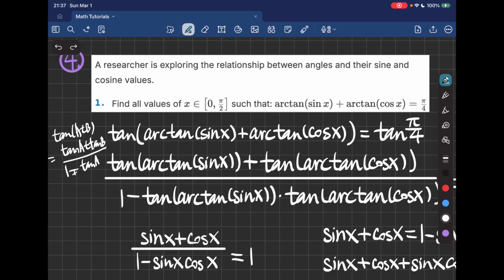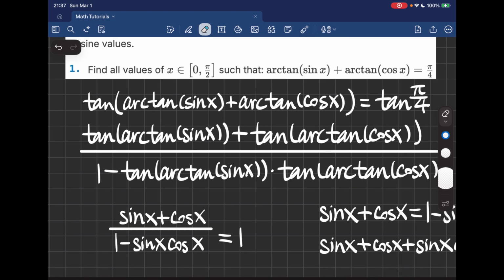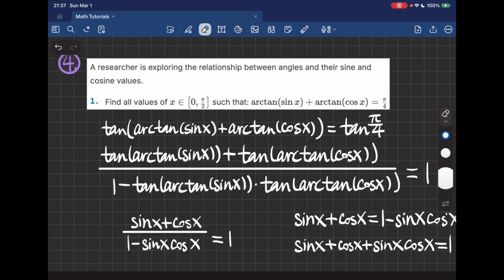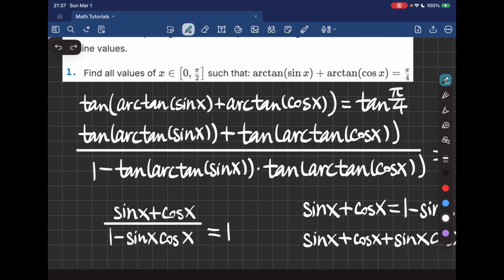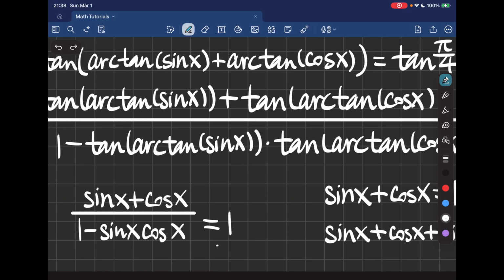Just apply this and do all the calculations and simplify. Well, because tan of arctan sine x can just be simply turned into sine x, right? And the same for here, we just have cosine x left, and on the bottom we just have 1 minus sine x times cosine x, and this whole fraction equals 1 here.